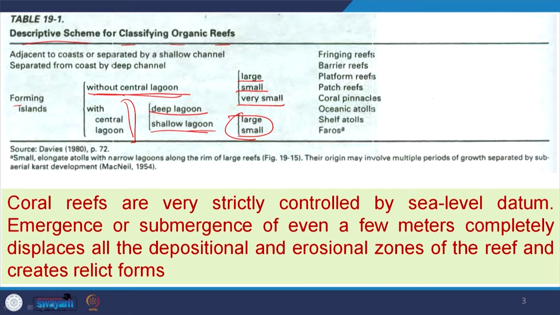Similarly, here it is fringing reef, barrier reef, platform reef, platform means flat topped, then patch reef means it is not continuous, it is patchy, then coral pinnacles, then oceanic atolls, then shelf atolls, then furrows.